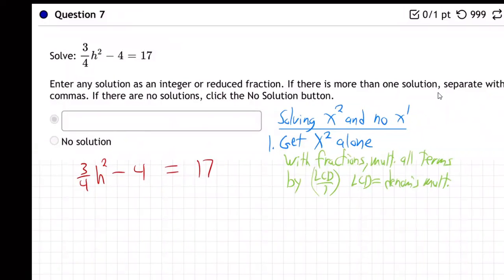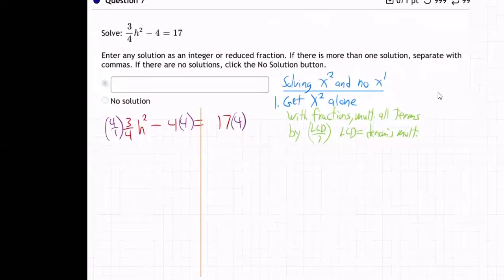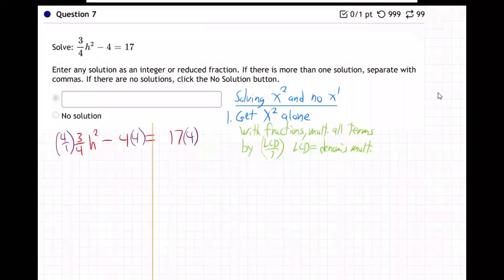So I'm going to come in here. I'm going to go 4 over 1, 4, 4, and put in the wall of separation for us. Okay, does that make any sense what I'm doing there? So I'm multiplying through by 4 over 1, which is the same as 4.